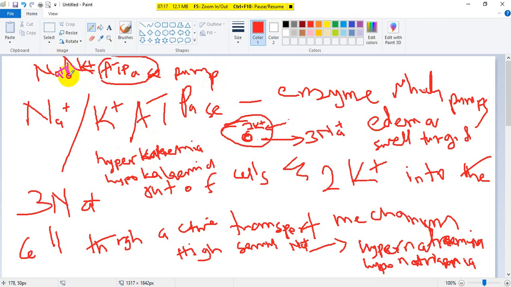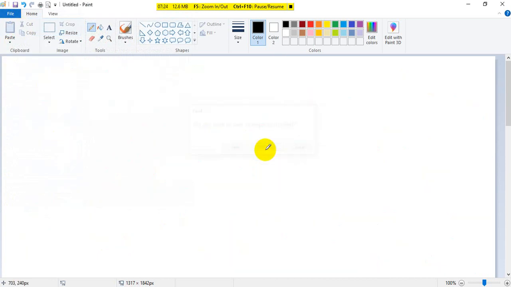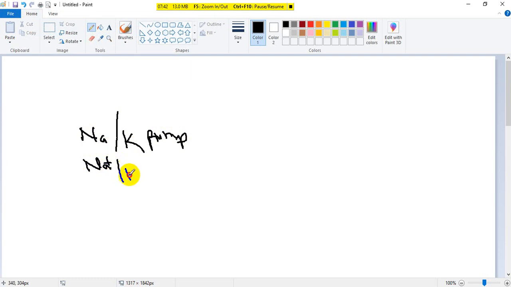Some say sodium-potassium pump instead of sodium-potassium ATPase pump. It's the same. It's a pump, and it's an enzyme.